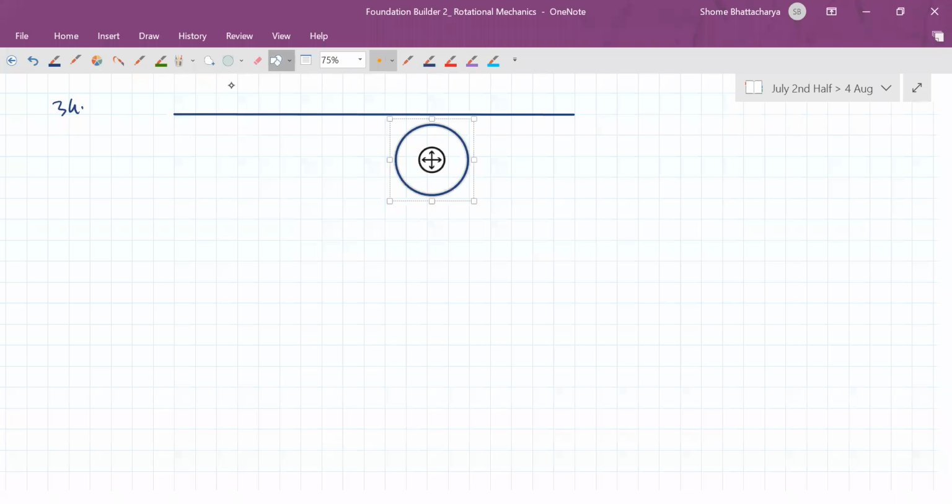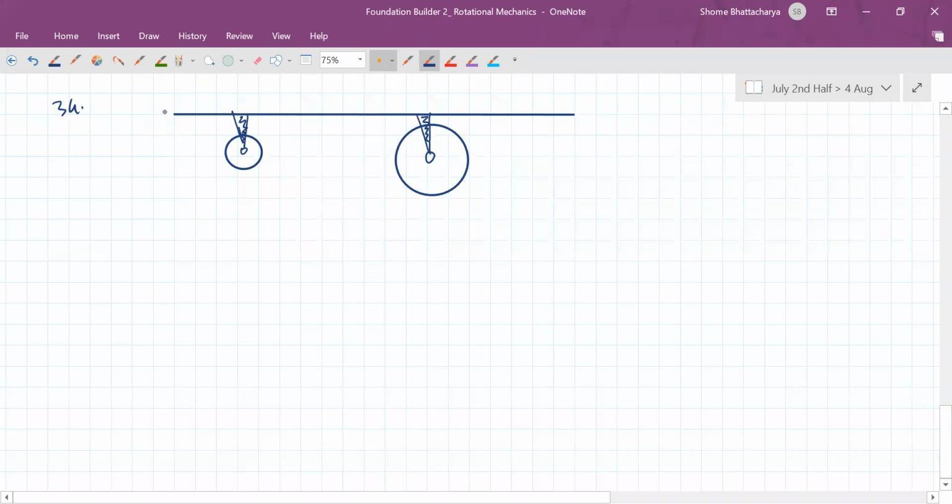This is kind of a heavy rotating pulley with the thread wound around it tightly. And then this is a lighter pulley, which is almost massless, according to the question. Both the pulleys have their axles secured to the ceiling like this over here.